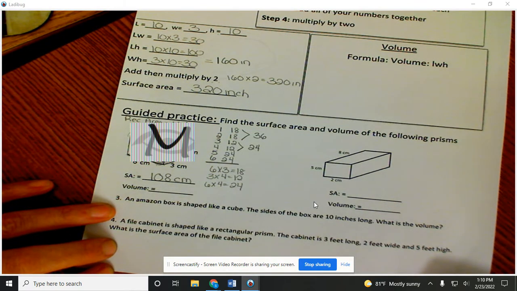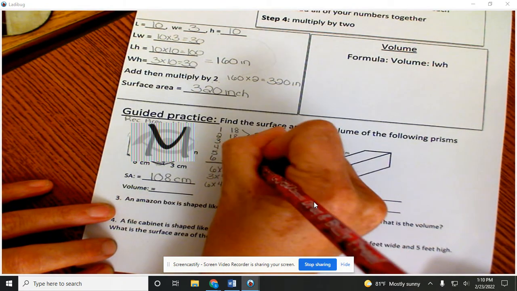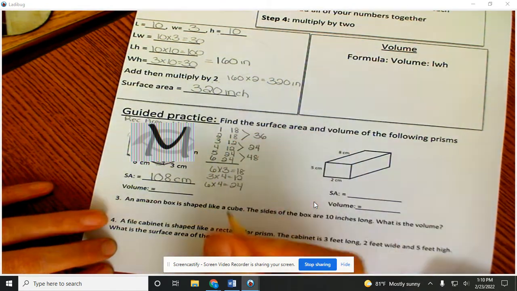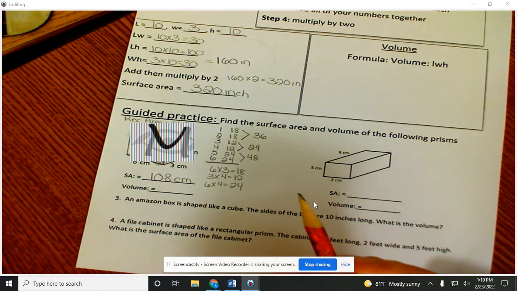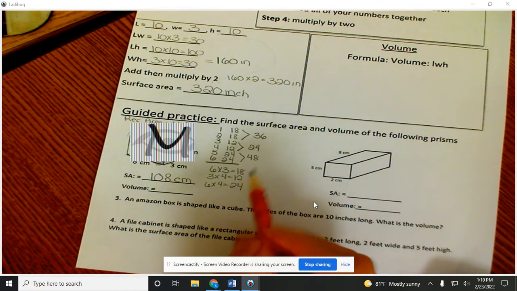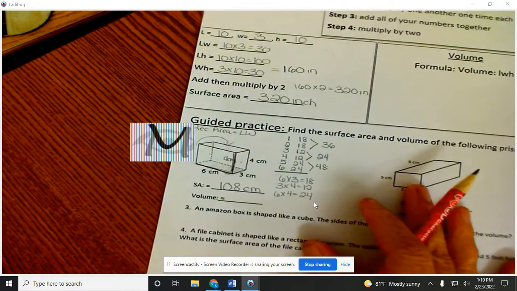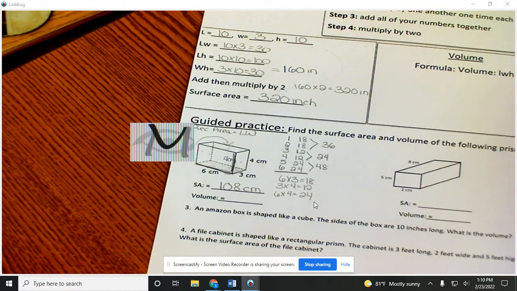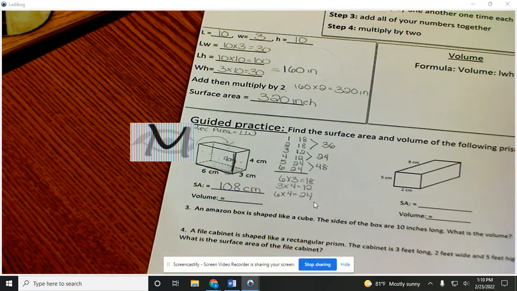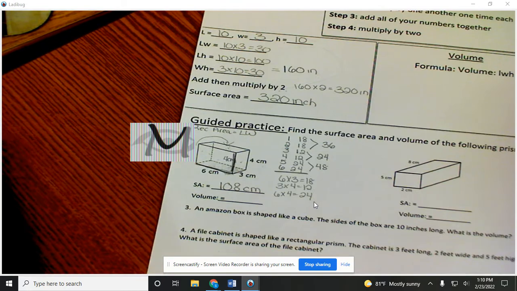And then you can do 24 times 2, which is 48. And you can multiply it ahead of time and then add it together. Either way, whatever way is easiest for you. I've gone ahead and shown you 2 different ways. Actually, technically, I guess 3 different ways right now for you to figure out the surface area of a rectangular prism. So work around, play around with it, see which works for you.